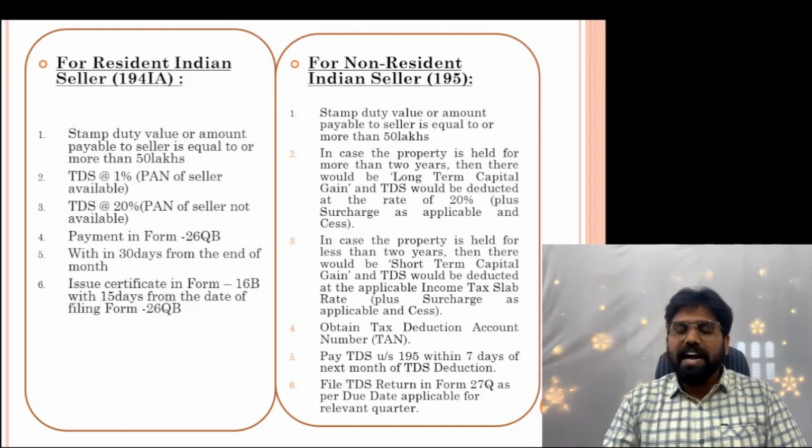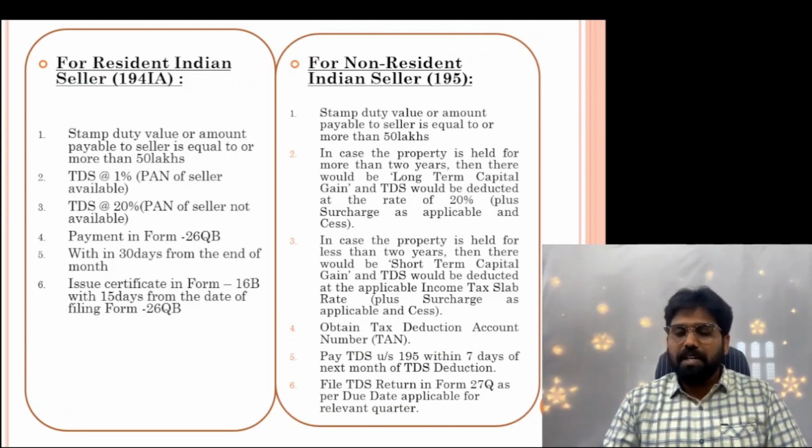Then the buyer has to obtain tax deduction account number, that is TAN, and remit the TDS amount within 7 days from the end of the month in which registration is completed.